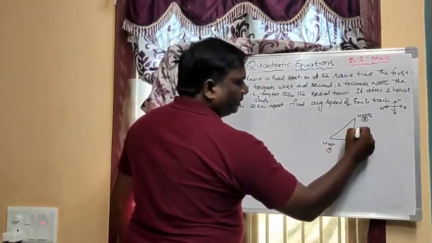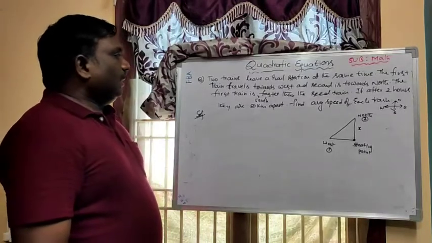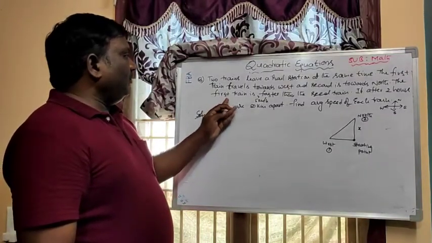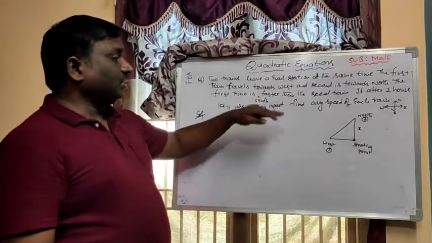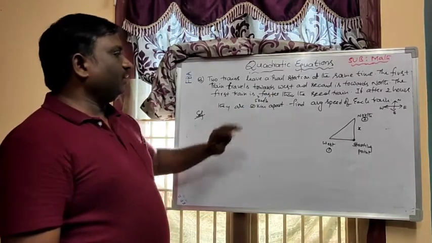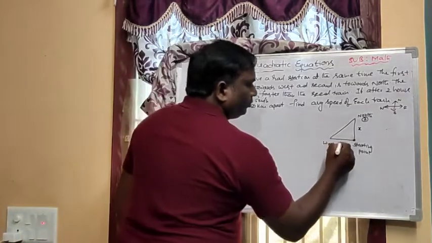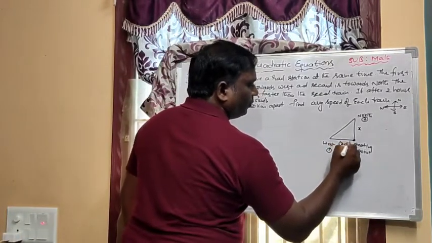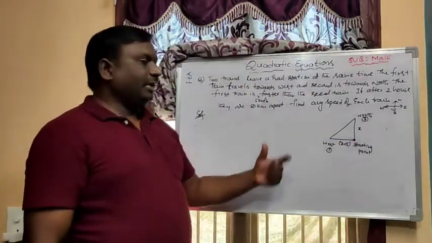Then the second train is x. Then the faster train is x plus 5, since it is 5 km faster than the second train. That is the speed of the train.